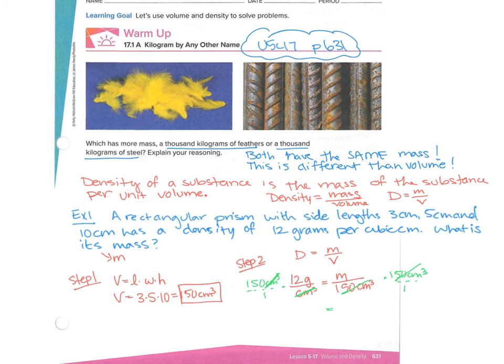So when I multiply my 150 times 12 grams, I end up with 1,800 grams. So this would be the mass of that particular rectangular prism made of whatever substance had this density of 12 grams per cubic centimeter.